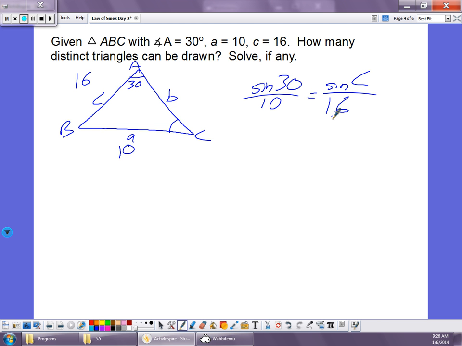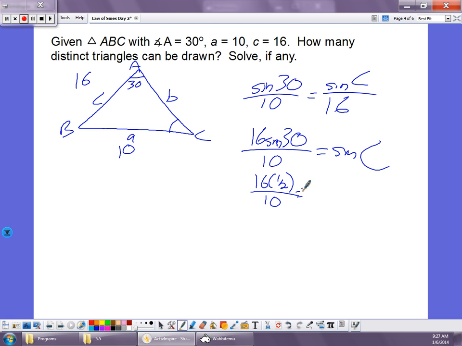So you cross multiply, divide by 10, you get 16 sine 30 over 10 equals sine C. What is the sine of 30? 1/2. So 16 times 1/2 over 10.